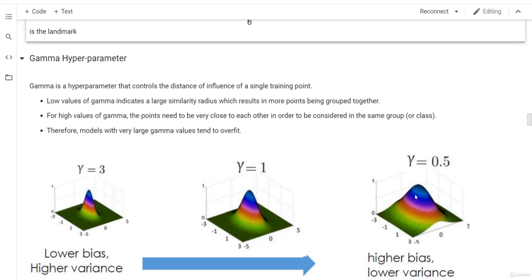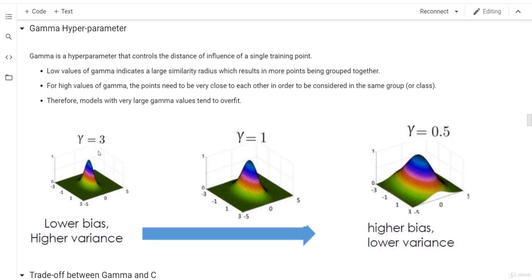Now, if we decrease gamma, then points that are not really related to each other will be grouped together, within the same group. So this is an indicator of underfitting. This is very similar to the effect of the C hyperparameter, but the other way around.